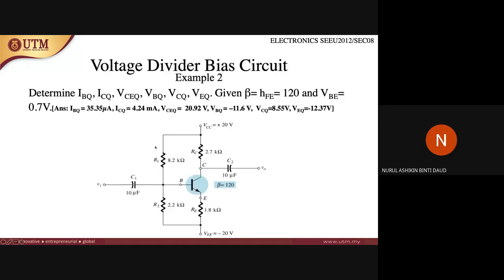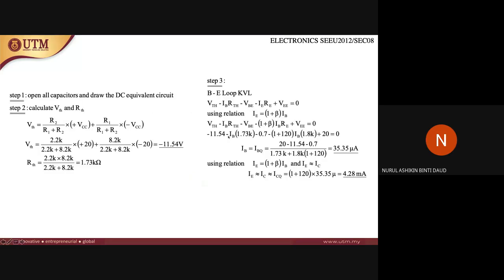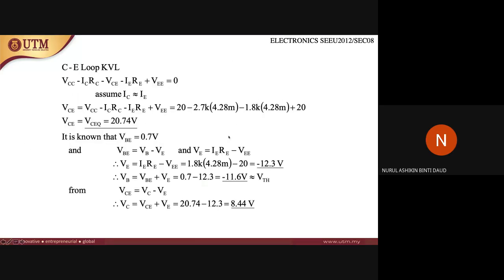Why is it minus? Because the voltage source at this part is higher compared to this part, as the resistor here is much lower compared to the resistor here. So the current flows from here to here.